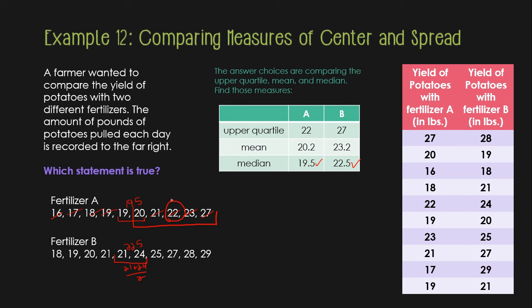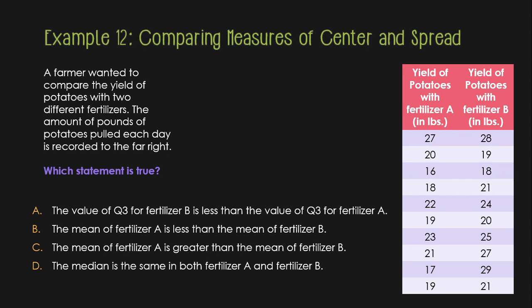So the upper half of my data, my Q3 here, would be 22, and then here the upper half of this data would be the 27, because that's the number in the middle. Okay, so that's how you find all of those values that we're trying to compare.